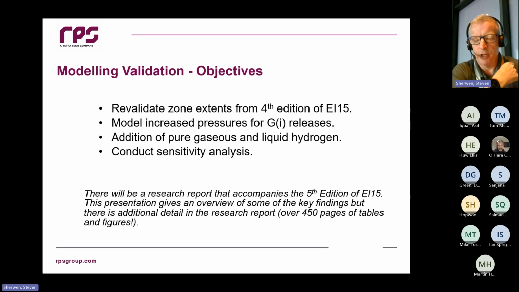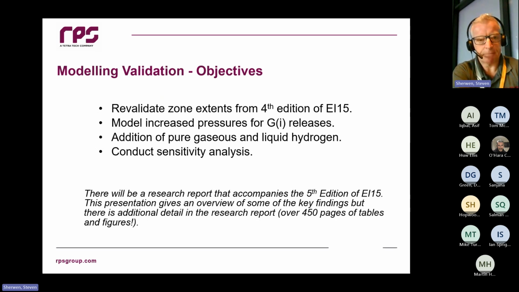So it was hydrogen up to about 80% purity, with a lot of contaminants, which meant that you couldn't directly use zone extents for the old hydrogen, the old G2 class of liquid, for pure hydrogen. So we did some modeling to produce zone extents for both pure gaseous and liquid hydrogen.